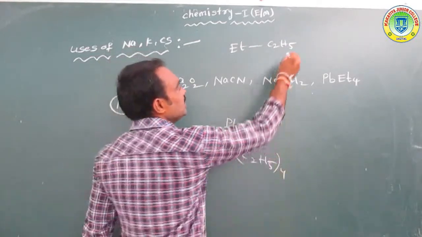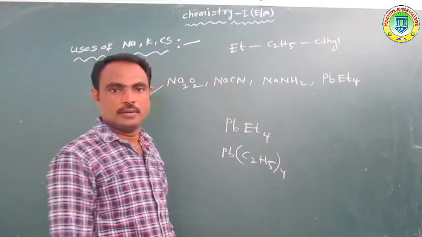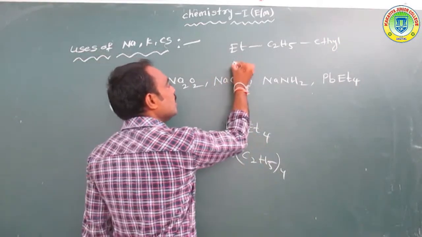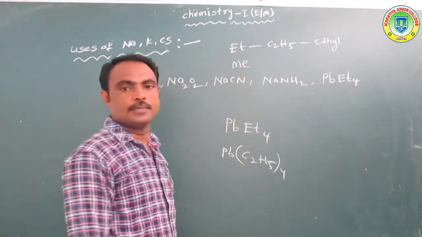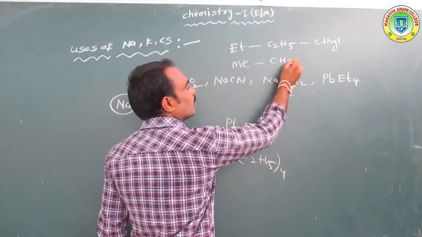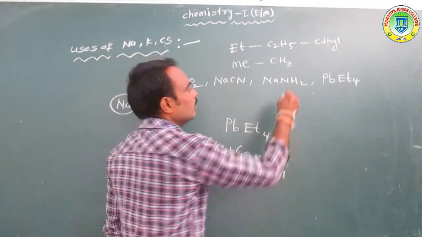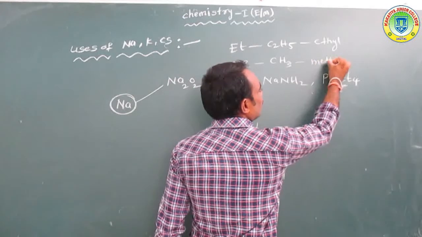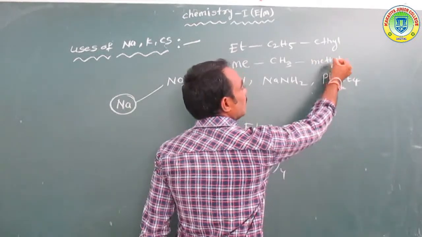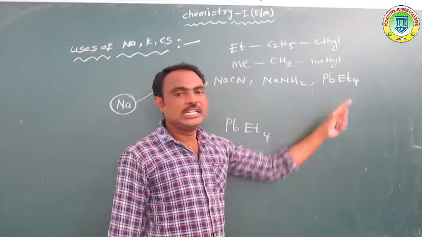C2H5 means ethyl. Okay. Next, Me. Me means CH3, methyl. Okay. So PbEt4.